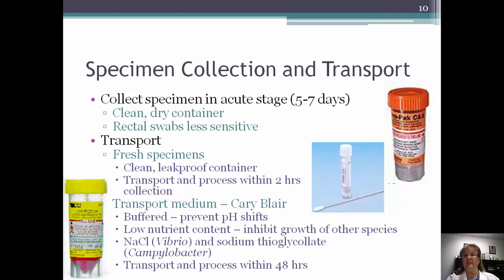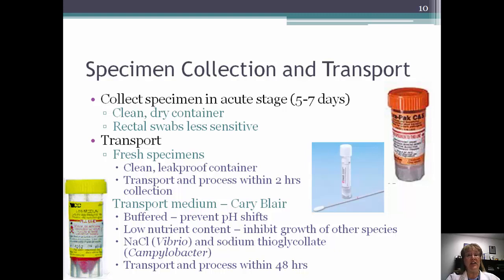That's why I recommend to everybody, if you can, since getting specimens within 2 hours often is not something that we can do, to use a transport media. And that would be primarily a Cary-Blair media. It's great because it's buffered, it has a low nutrient content. It also has things in it like salt and sodium thioglycolate to help preserve some enteric pathogens that we don't see very frequently, things like Vibrio, and at least in our area, Campylobacter.